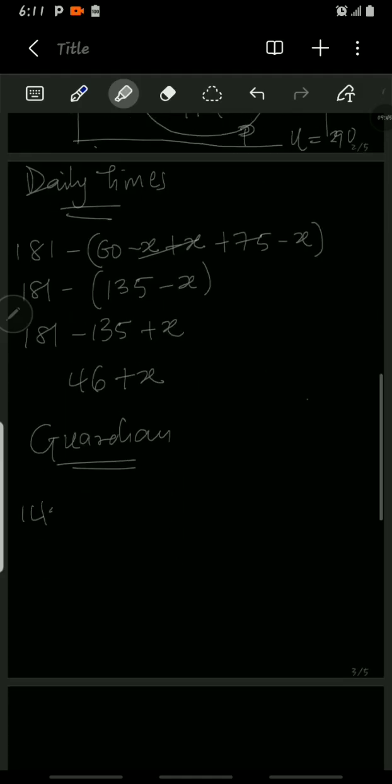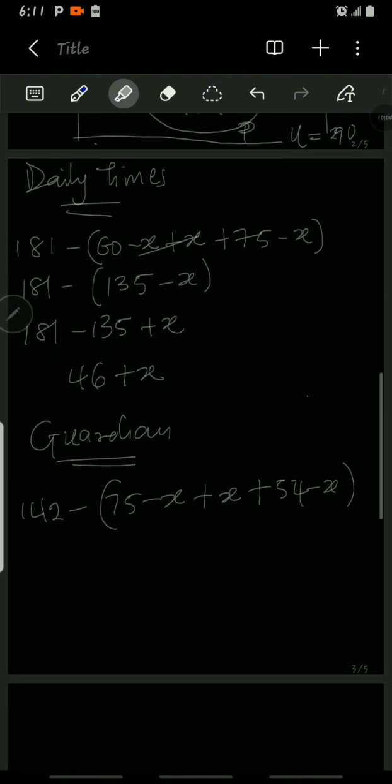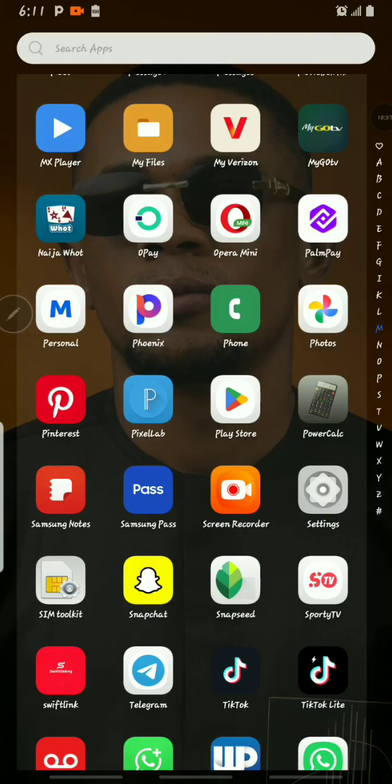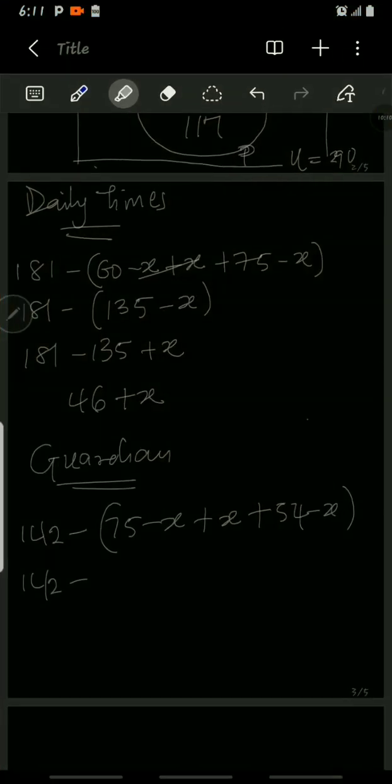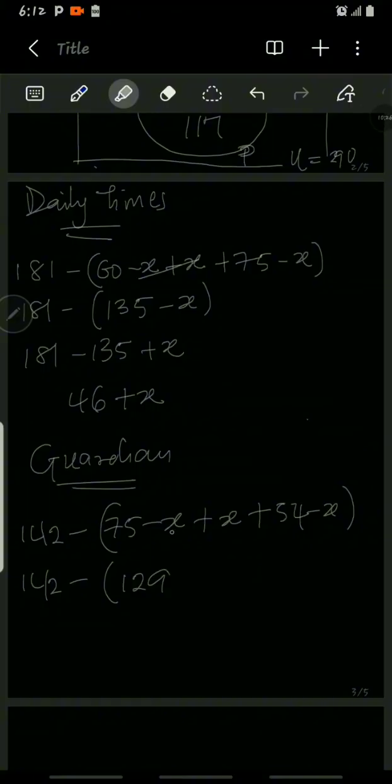So I have 142 minus the sum of everything inside it, that is 75 minus X plus X plus 54 minus X. So when you do that, you have 142 minus, when you add 75 plus 54, that's giving you 129. This minus X plus X is gone, so I have a negative X left.